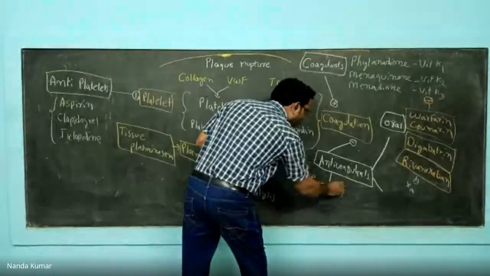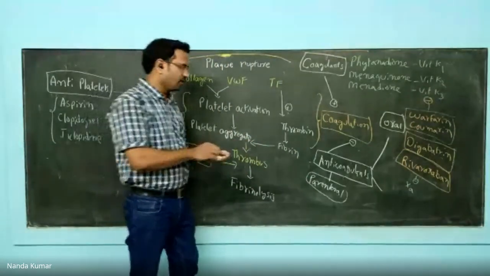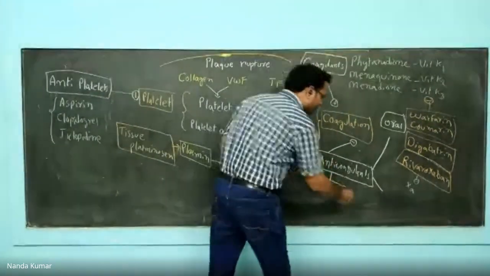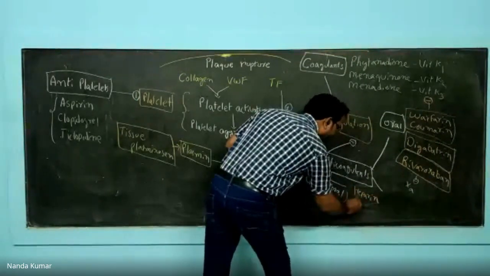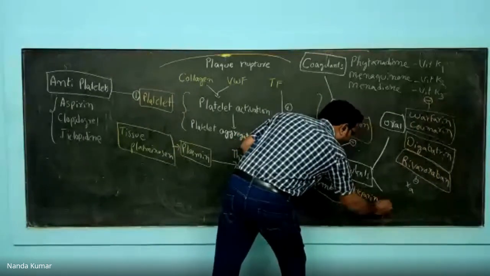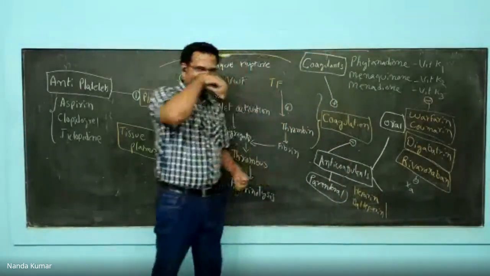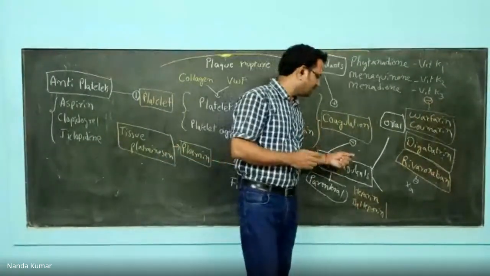Parenterals are nothing but heparin and hirudin analogs. You know, heparin is there. Heparin, dalteparin, and fondaparinux. All of them, heparin, dalteparin, fondaparinux, are considered indirect anticoagulants.